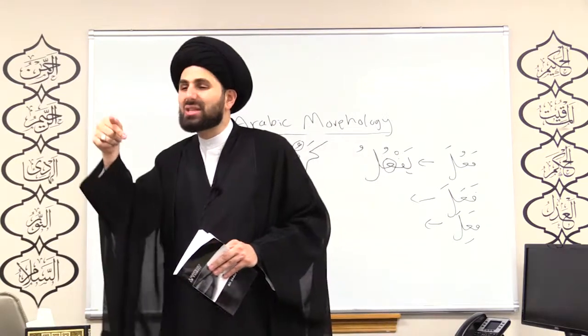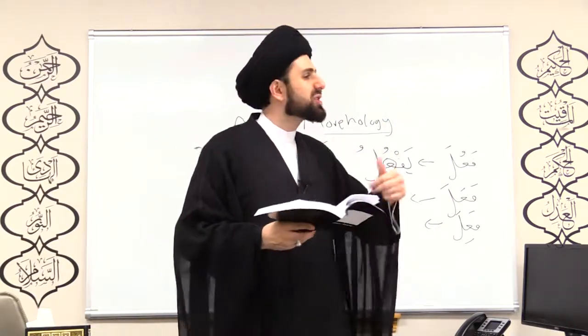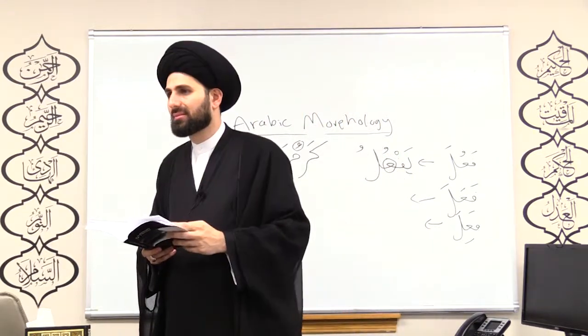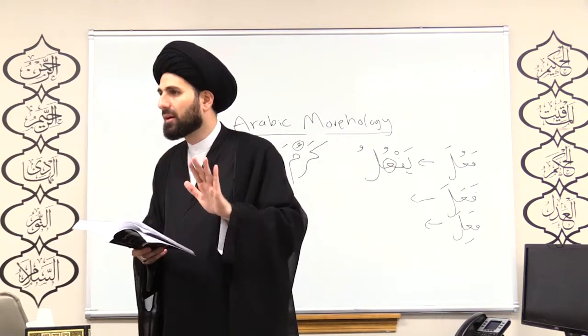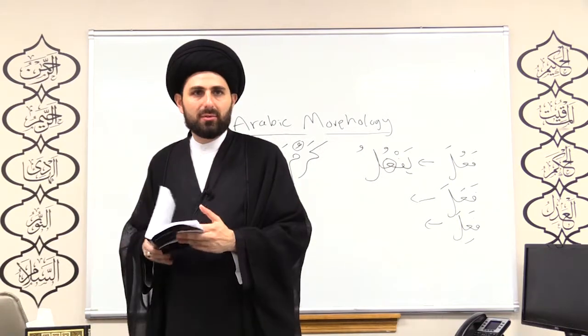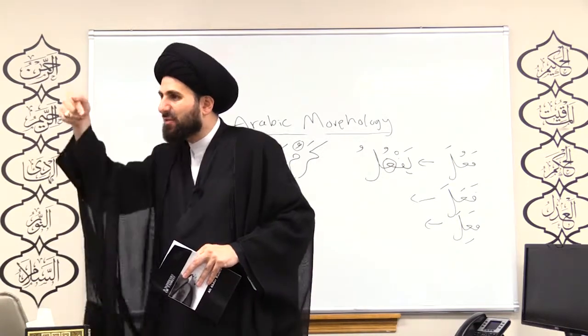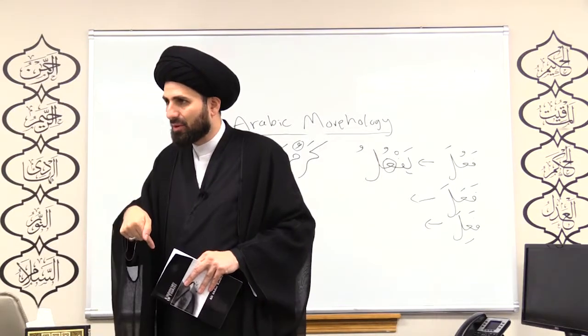If your madi is fa'ila, it only comes in two mudari' forms, which is yaf'alu and yaf'ilu. It does not come in yaf'ulu. We don't have in the Arabic language a fi'l madi that is fa'ila, there's a kasra in the middle, but your mudari' is yaf'ulu. We don't have that.